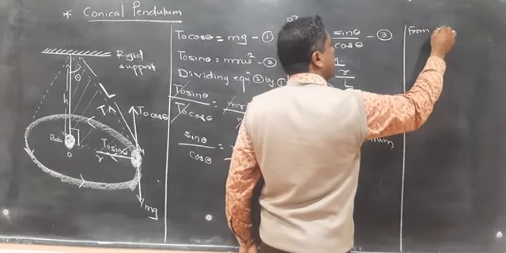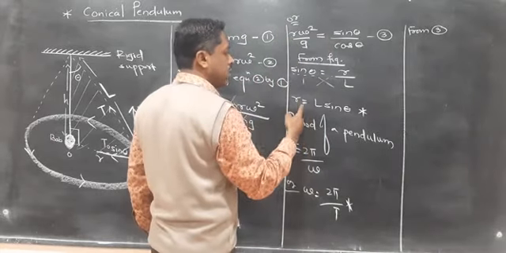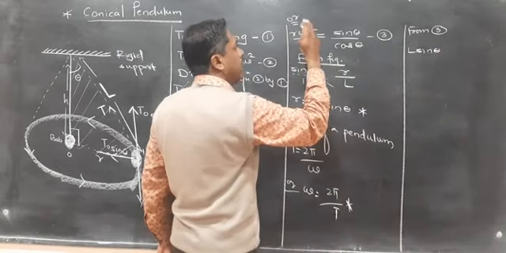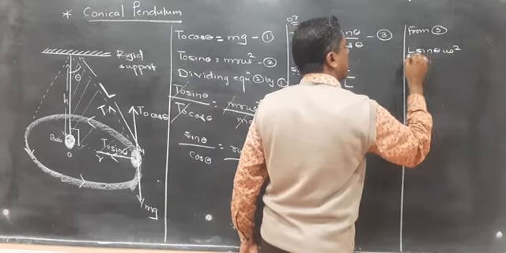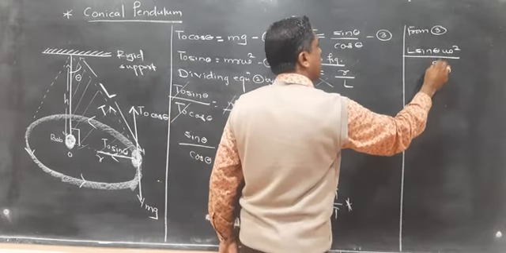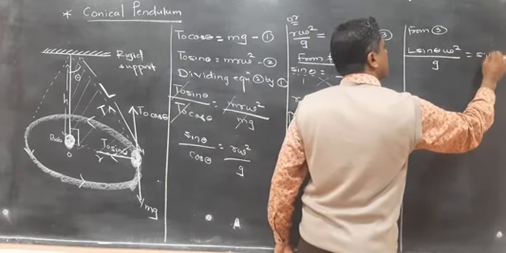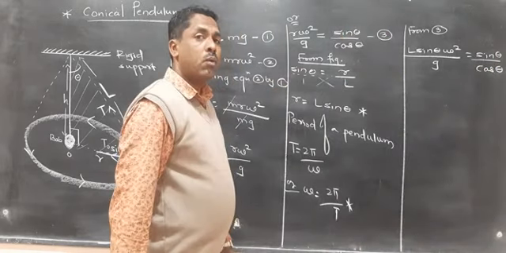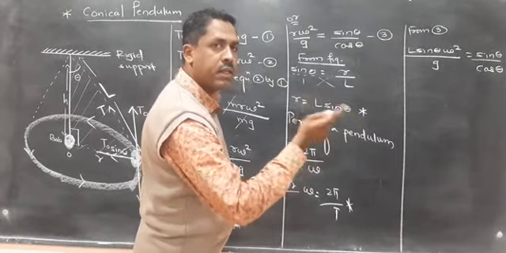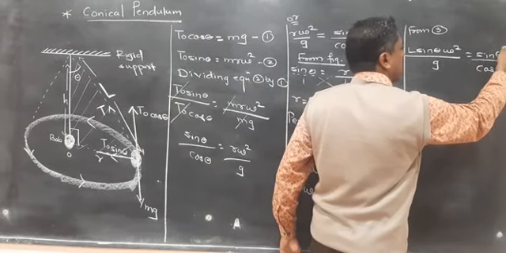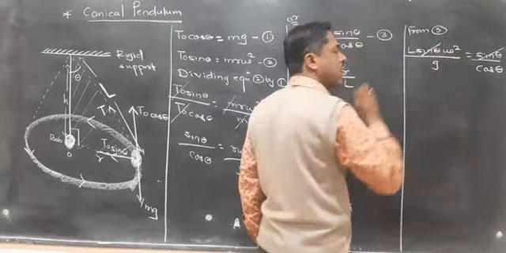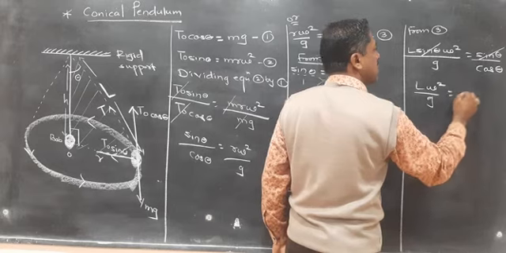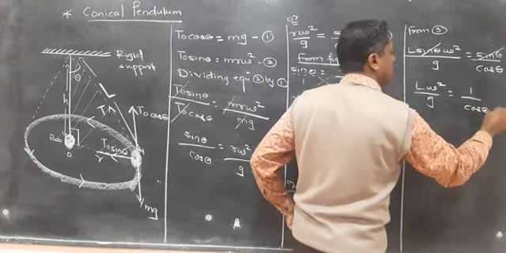From equation 3, what we can write, r is nothing but L sin theta, so L sin theta into omega square upon g is equal to sin theta upon cos theta. Both sides sin theta is there, so sin theta gets cancelled. What remains? L omega square upon g is equal to 1 upon cos theta.